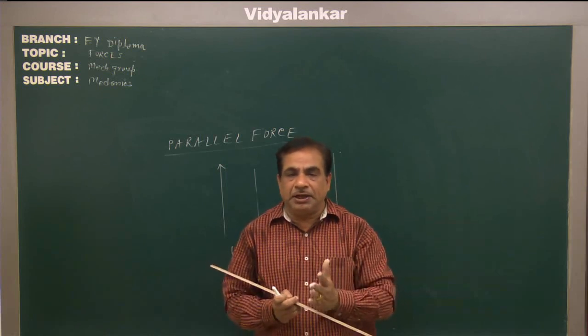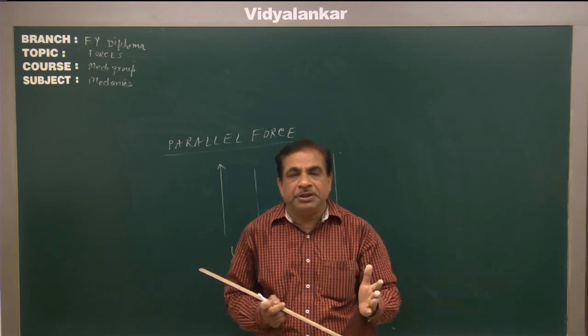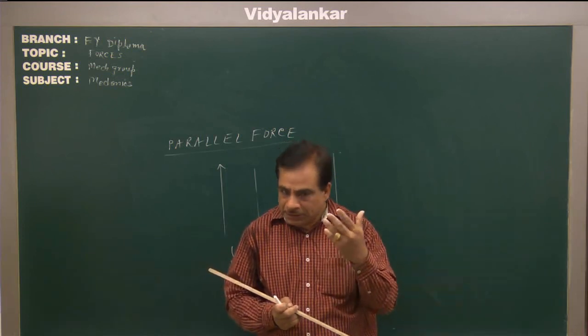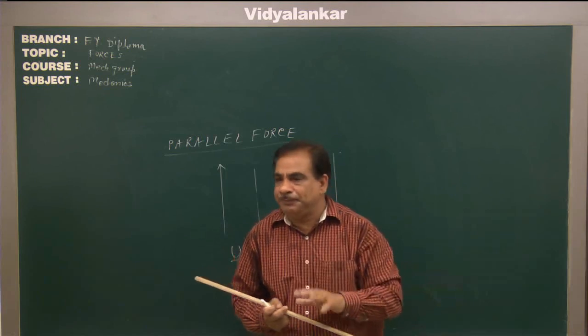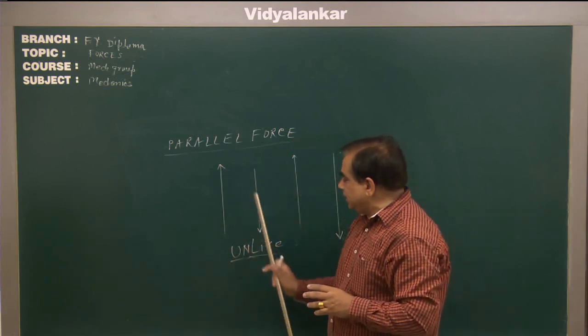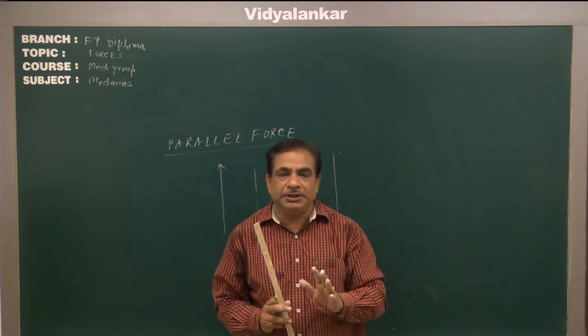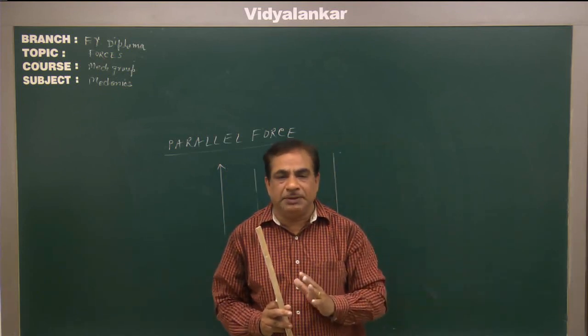Parallel means the lines of action are parallel to each other, that's why they are known as parallel. Lines of forces may be like or unlike. If all the forces are acting in the same direction, they are like parallel forces. If they are acting in opposite directions, they are unlike parallel forces.